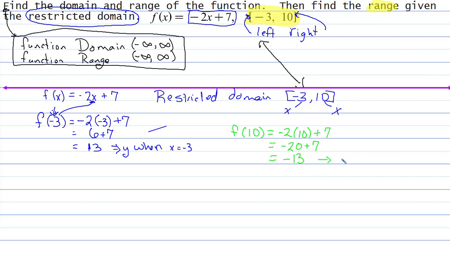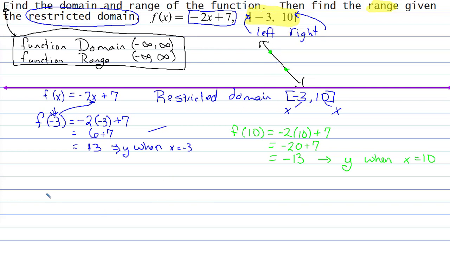This is the y value when x is equal to +10. And so if I'm to give my domain, we have a line. Between those 2 points, we have a straight line. There's nothing curving in between it.